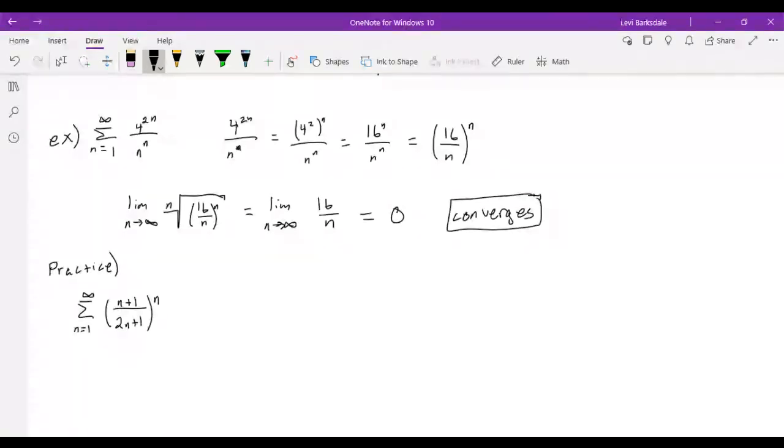All right, this problem is once again fairly straightforward. It's already in a good form for us to just apply the root test immediately.